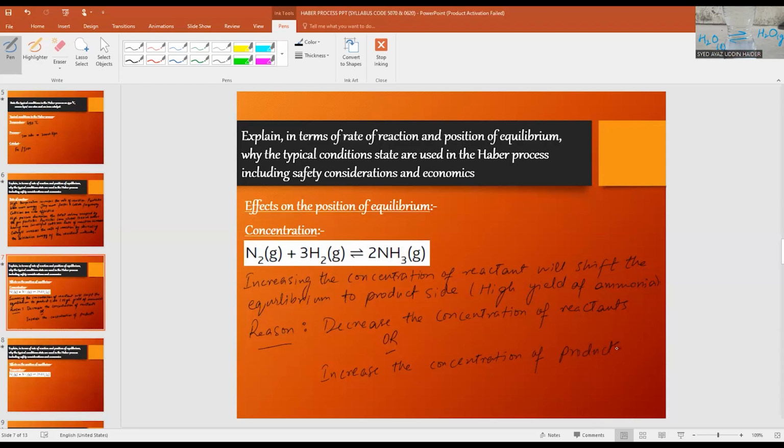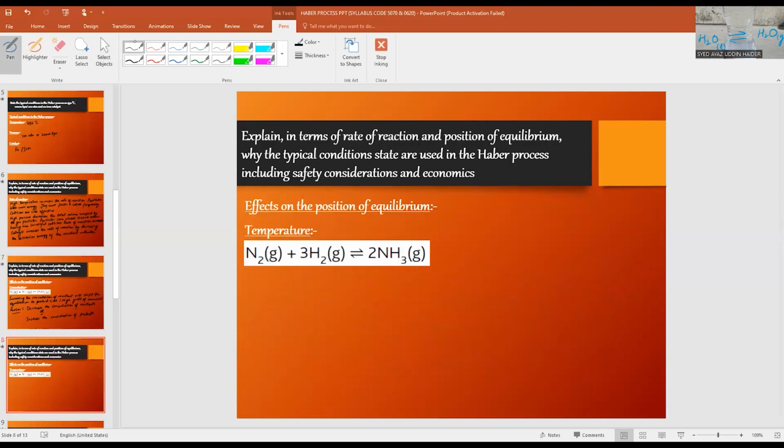You can even refer to the names of reactants and products here.